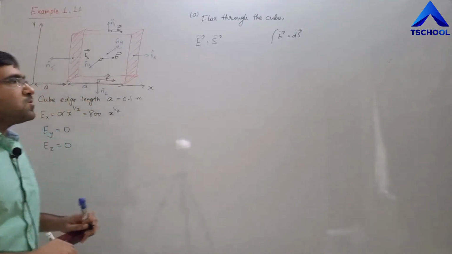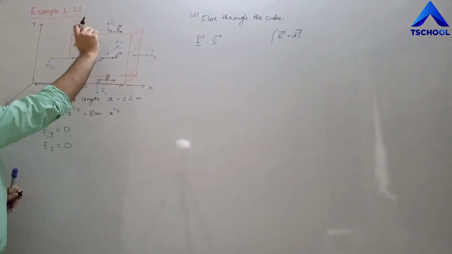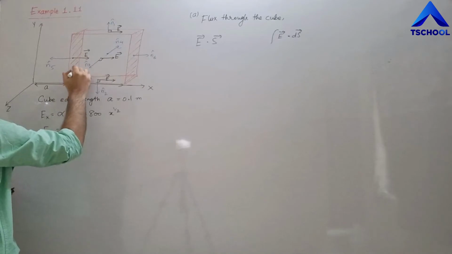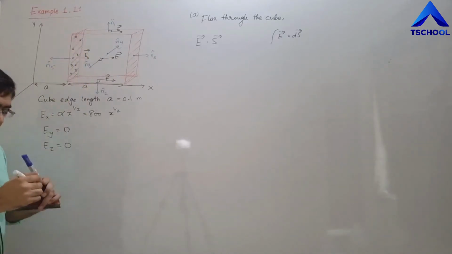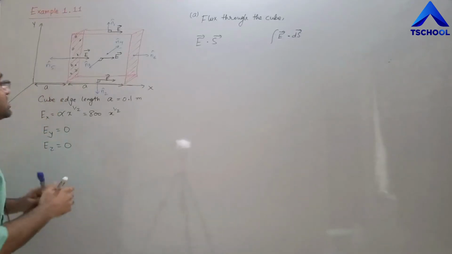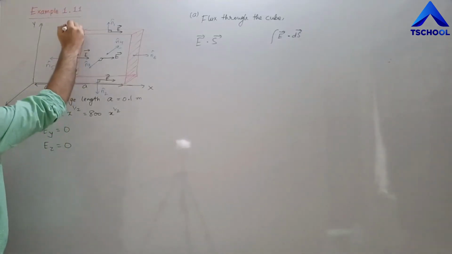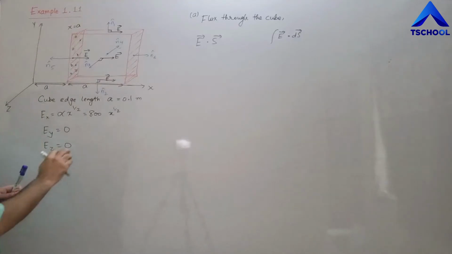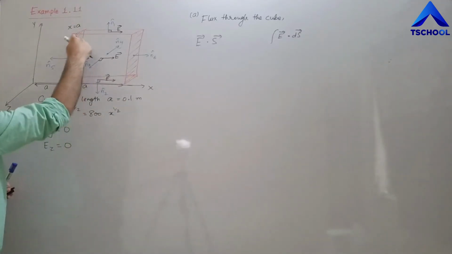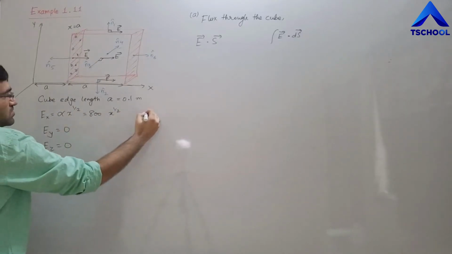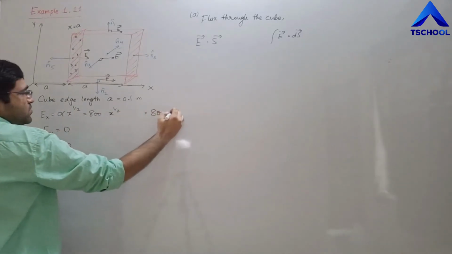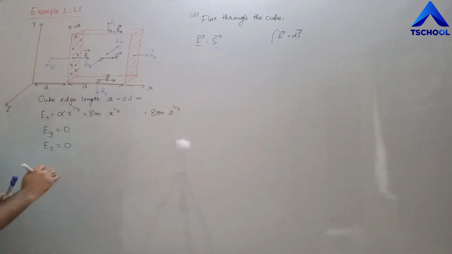The best way to get out of it is to think about all the points on this left surface. At all these points on the left surface, the x coordinate is x equal to a, which is 0.1. So do you realize that at every point on this surface, the value of Ex is going to be 800 into a raised to 1 by 2, right?